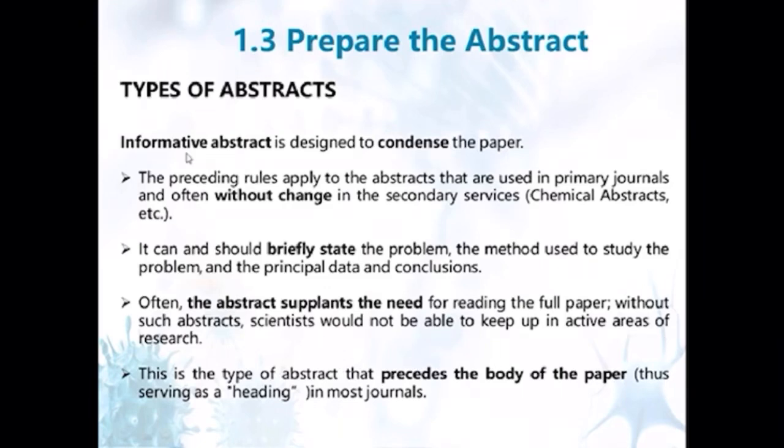This kind of abstract is useful to attract other readers' attention to continue to read the paper. The informative abstract is the type of abstract that can precede the body of the paper, serving as a heading in most journals.